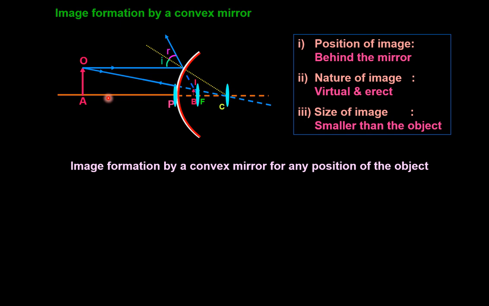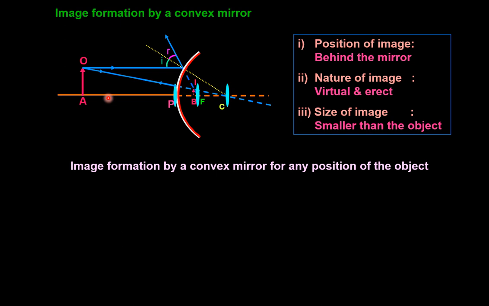What was the first case? Try to recall. Whenever the object is placed at infinity, the light rays coming from that infinitely placed object will be straight and parallel. They will fall on this convex mirror, and after reflection they will give rise to image formation at the principal focus.